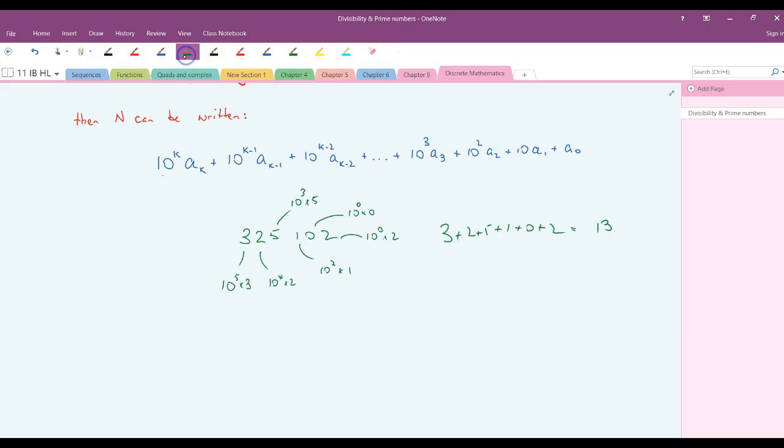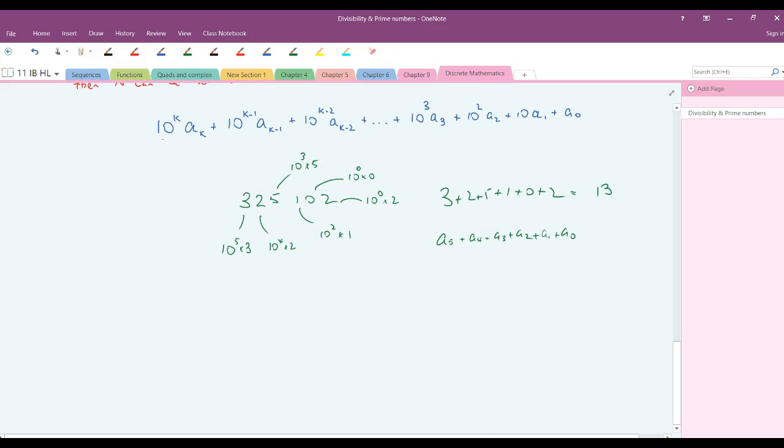So we can say this is a_5 plus a_4 plus a_3 plus a_2 plus a_1 plus a_0, 1, 2, 3, 4, 5, 6-digit numbers starting with a_5. So these are our numerical values, and the 10s give us our place values. So that gives us some scope to work some things through.